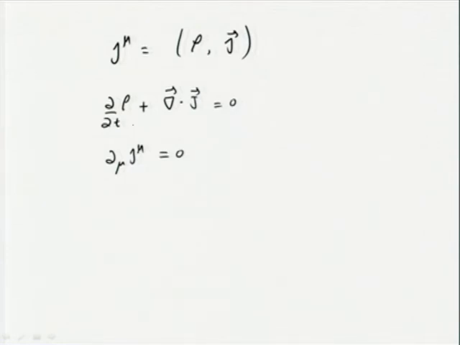You notice that between the spatial and the temporal components, the 0th component and the 1, 2, 3 components, the sign is not minus but plus.